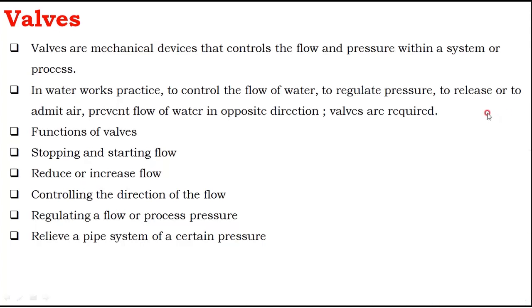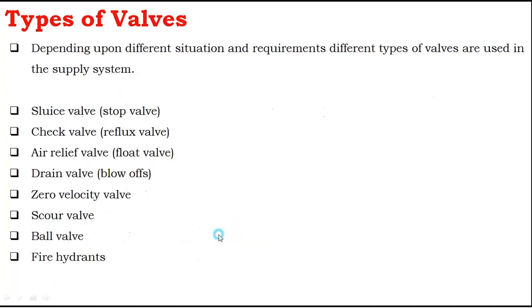Then relieve a pipe system of a certain pressure. Sometimes there will be more pressure in the pipe, and you want to release some of it. If you maintain that pressure, the pipe may burst. Therefore, to release the pressure, you may use accessories, valves.